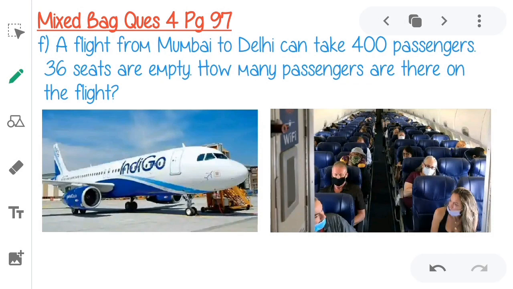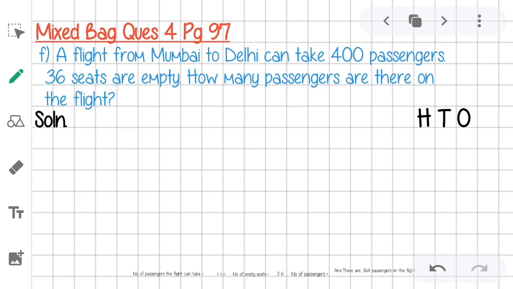So here in the flight it is given it can take 400 passengers at a time, and when the passengers have got inside the flight, we have seen that there are 36 seats which are empty. So we have to find out how many passengers are there on the flight. So to find out that, we will subtract 36 from 400. So let us see how to write the steps for this.